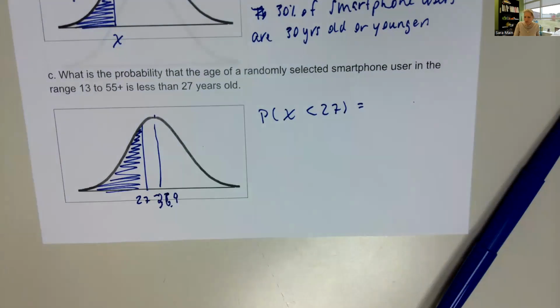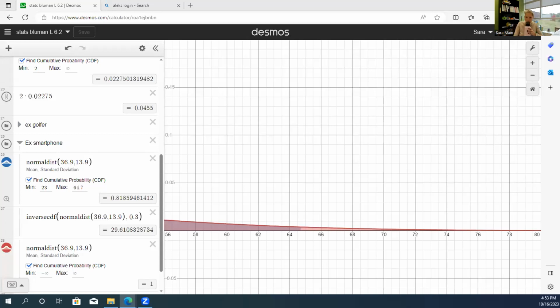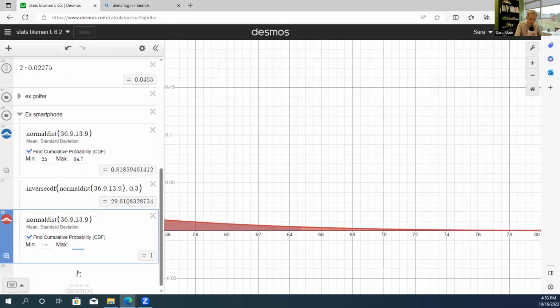So we can just use the normal CDF, or I'm sorry, the normal distribution. And we'll put in, it looks like 23.82% are less than 27 years old.